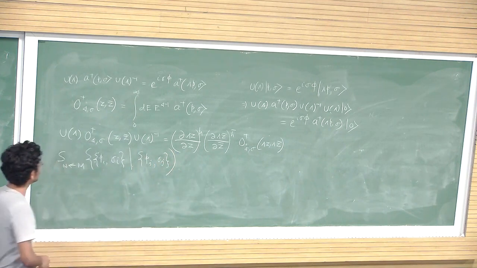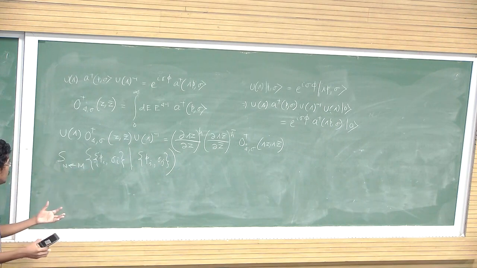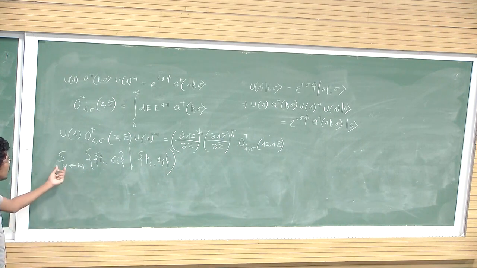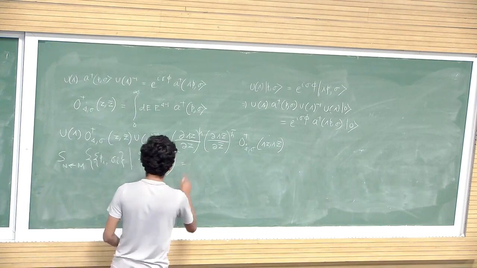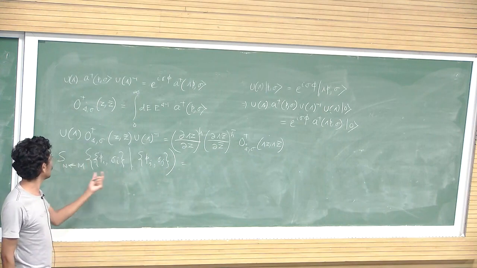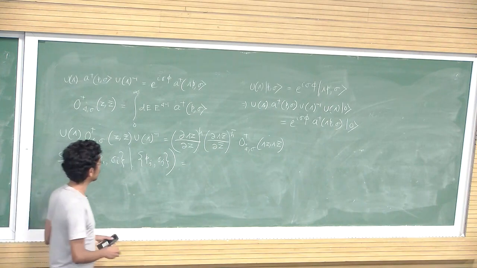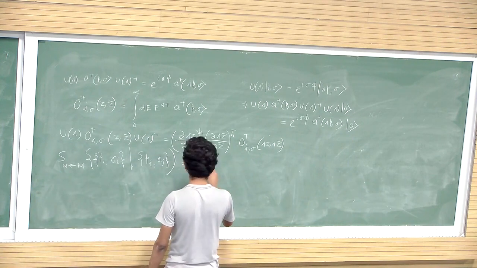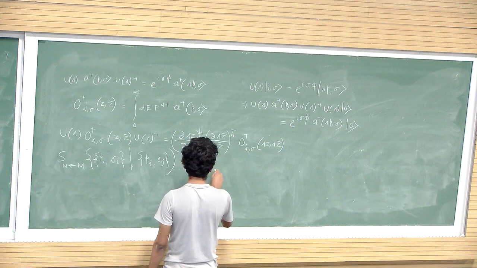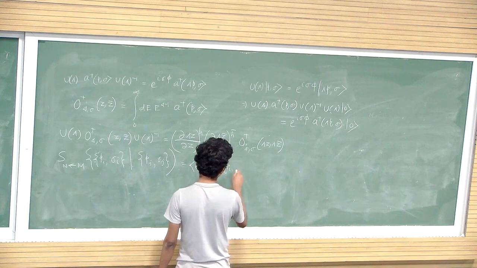So capital M number of particles are getting scattered to capital N number of particles, where j runs from 1 to capital M and i runs from capital M plus 1 to N. So this thing you can write in this way: the vacuum, and then there should be the A of the out state, then the S matrix element.